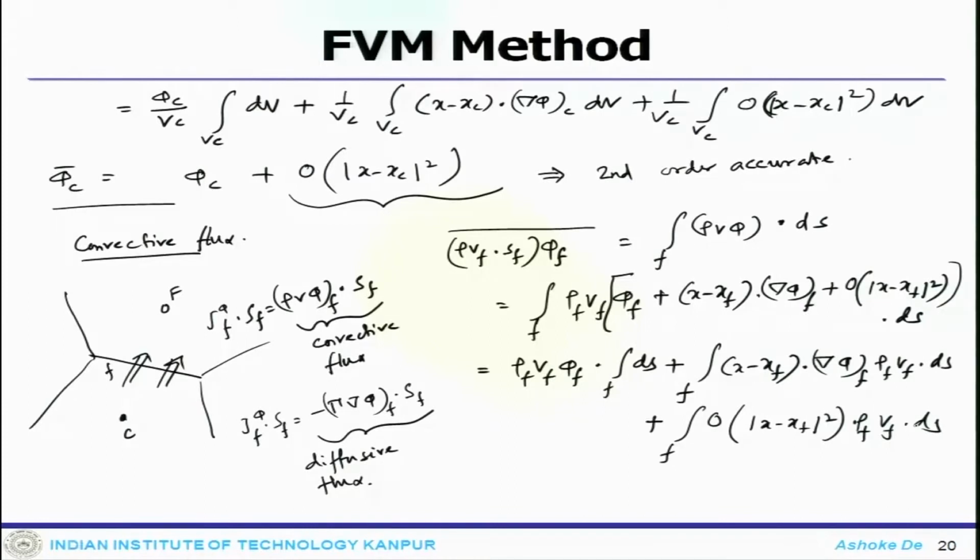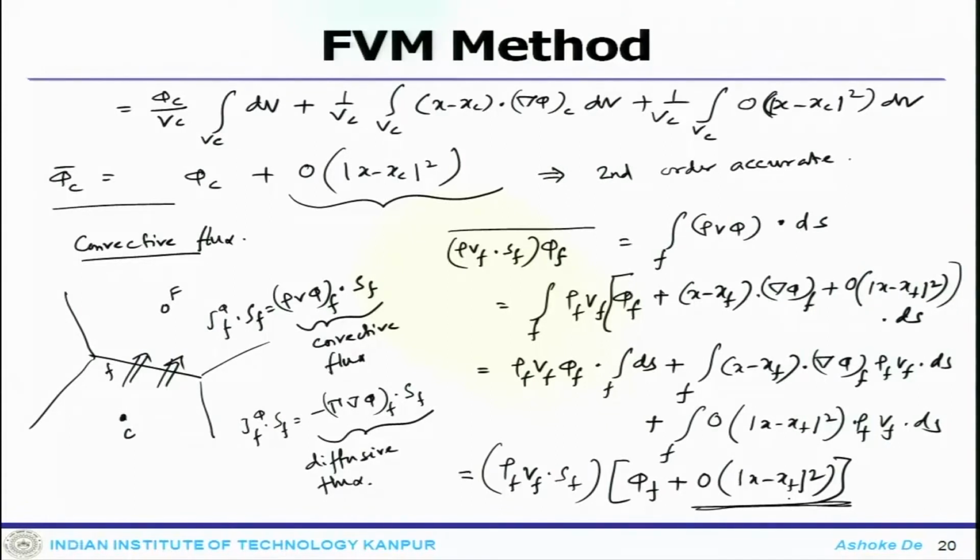So, essentially in a Taylor series expansion you just retain one or two terms initially and then truncate the higher order terms. This will get you back rho f V f dot S f phi f plus order of x minus x f square. Again, the higher order term sitting here is second order accurate.